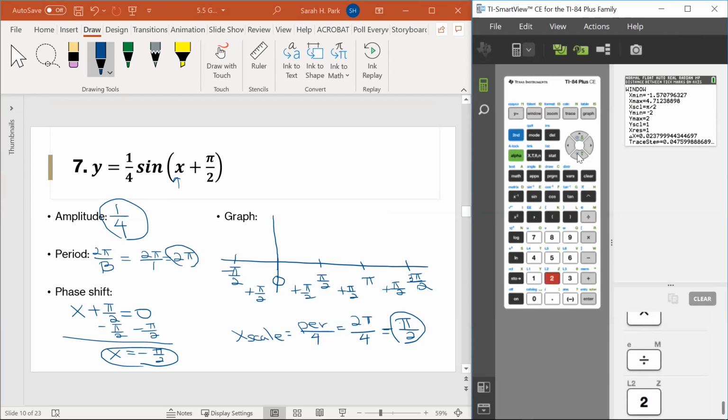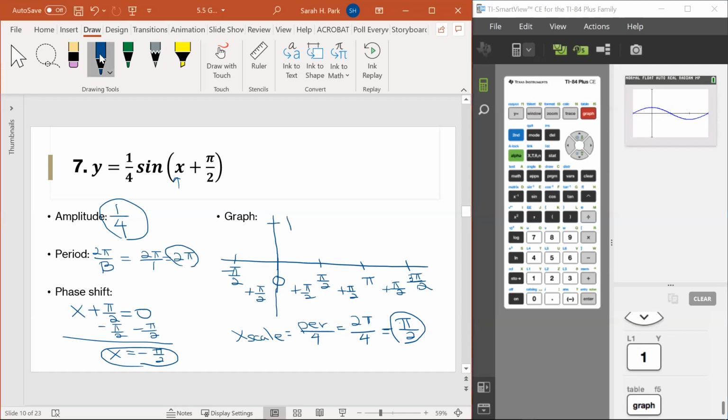Our y min, y max, I'll stay at -1 and 1. So you can see it's lower because my amplitude is 1/4. So the highest it can go is 1/4. So this is 1 and this is -1. The highest it can go is 1/4. And so it's going to start at negative pi over 2. Here, pi over 2 is going to be 0 again, then go down, then go back up.